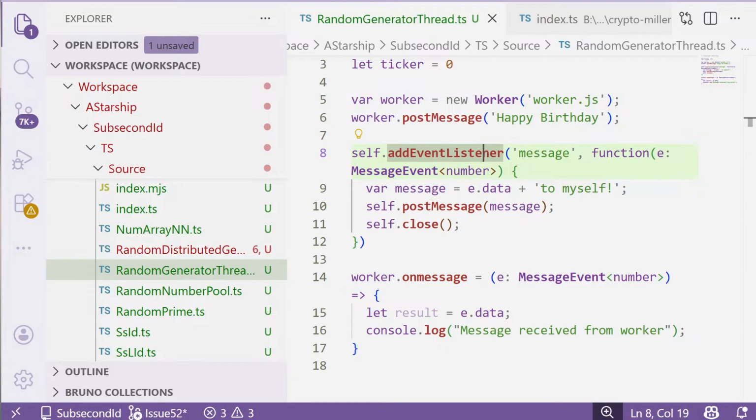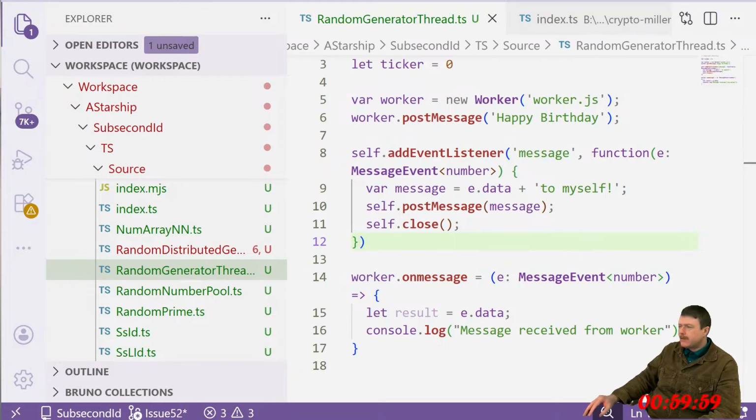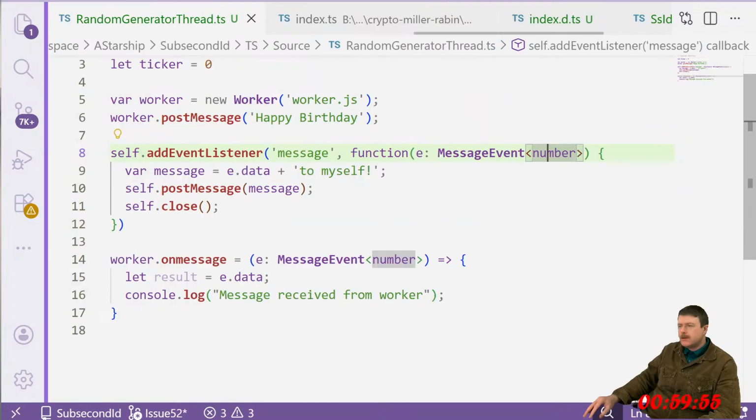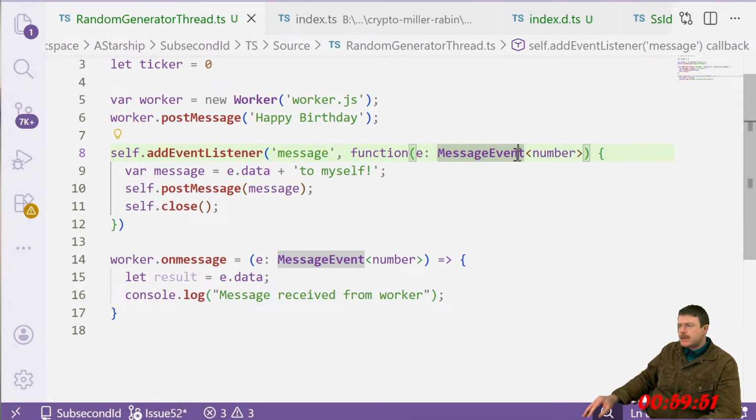I have a keyboard shortcut that keeps messing up. I don't really want to fix that right now. Whenever I want to comment code out, it glitches out. So I changed this to a number.